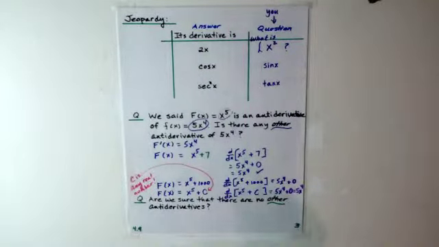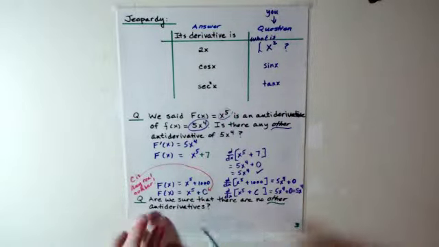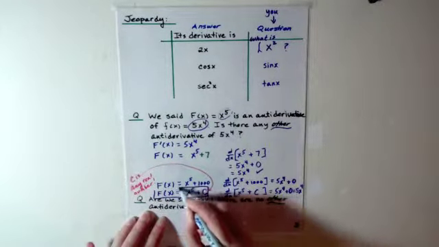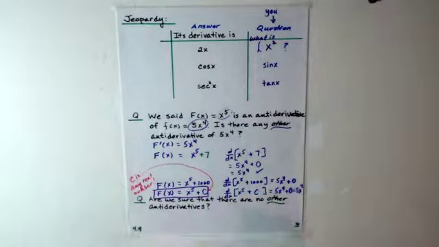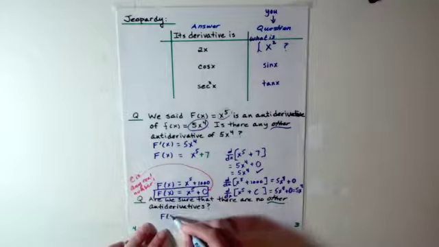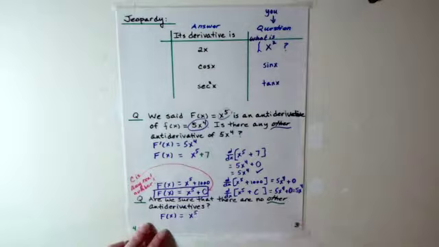Now, there's another little question here. Are we sure that there are no other antiderivatives? I said that, yeah, I could have anything of this form, x to the fifth plus C, but could I add something other than a constant on? Well, hopefully in your mind you can at least intuitively see that probably I can't add anything other than a constant.